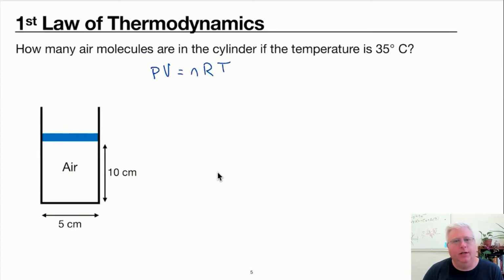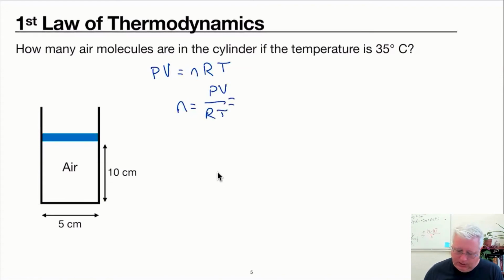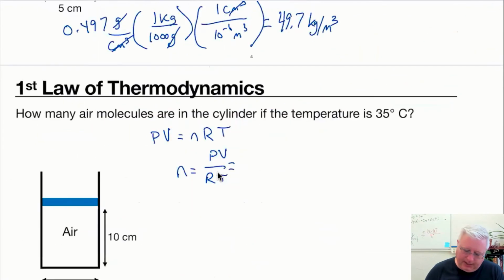Then we can easily convert that to number of molecules. So n is PV over RT. We got the pressure to be 9.7 pascals.